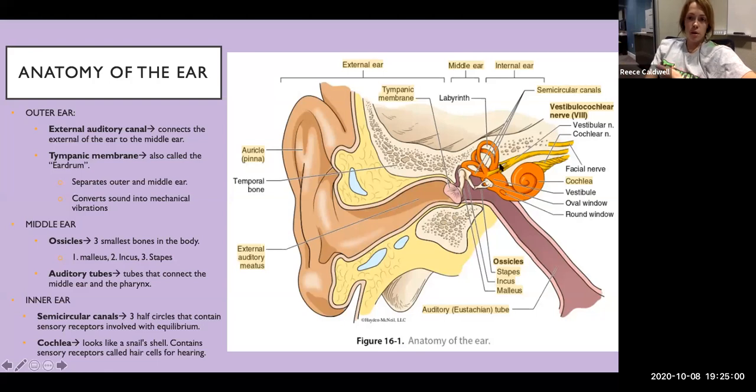That's when one of those bubbles gets stuck and it won't get unstuck. So you're trapped in this disoriented state. So those semicircular canals, I don't fully understand the bubbles. I'm not a hearing major, but those are what is responsible for equilibrium and balance.